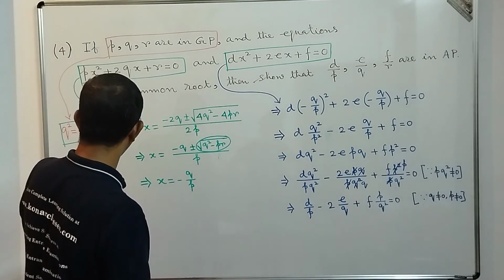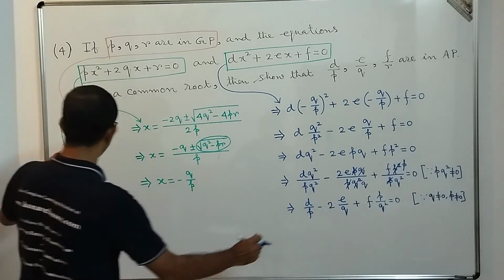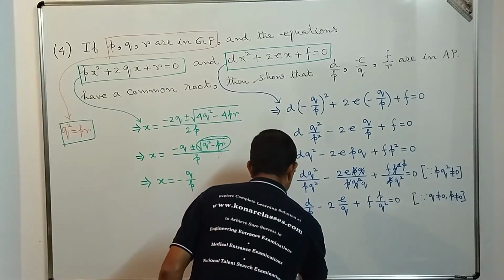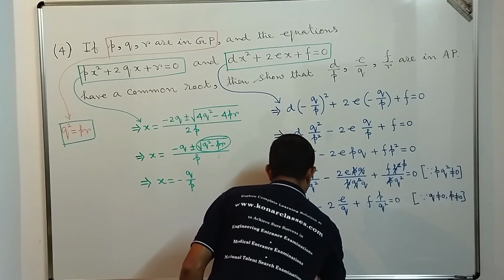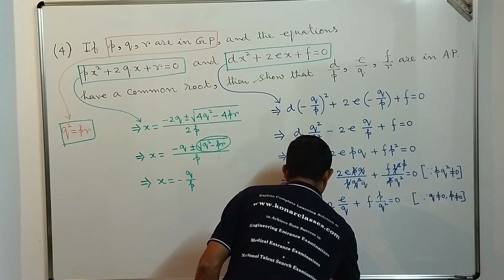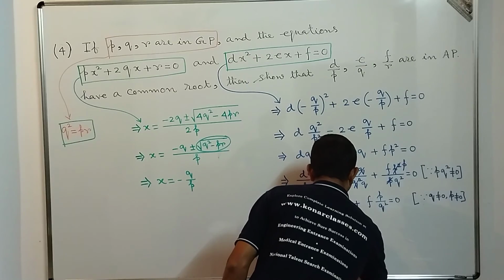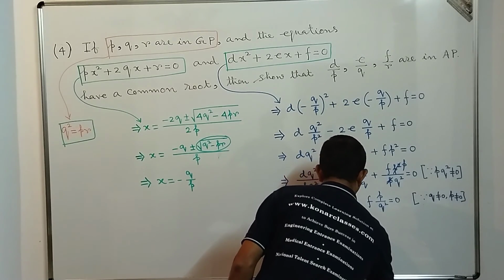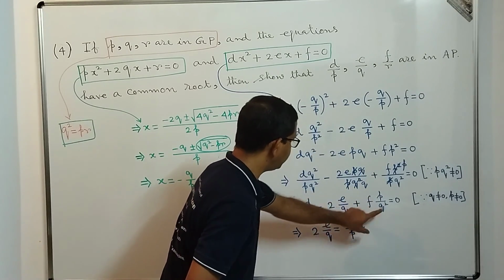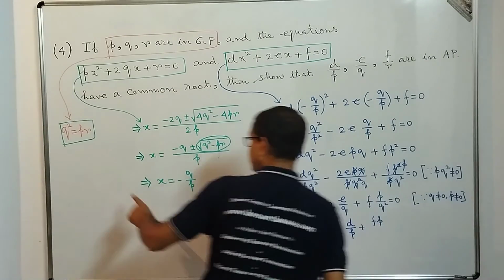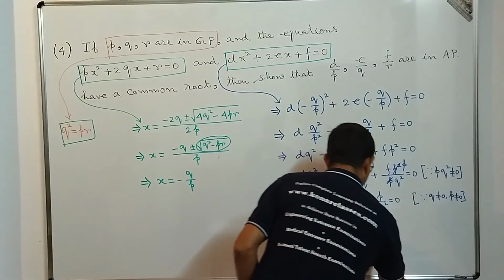Now what are we going to get? What is q square? q square is equal to p into r. Correct? So this implies 2 into e by q is equal to d by p plus f into p by q square. And what is q square? q square is equal to pr.